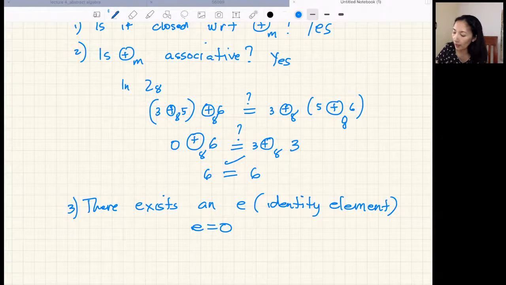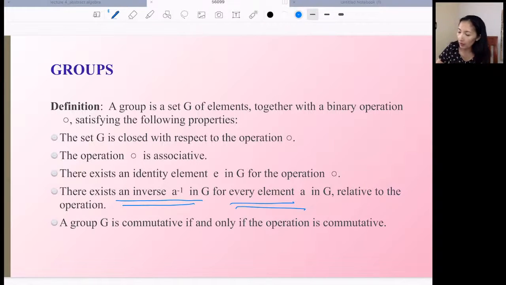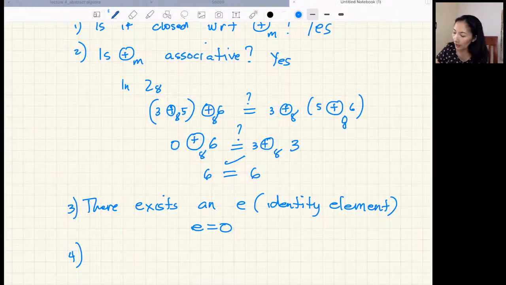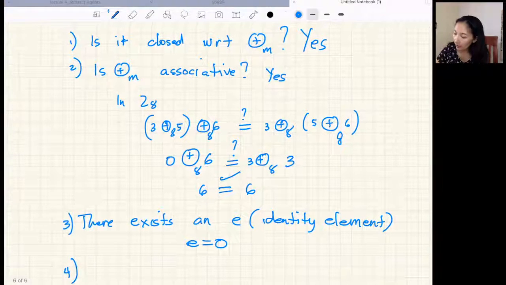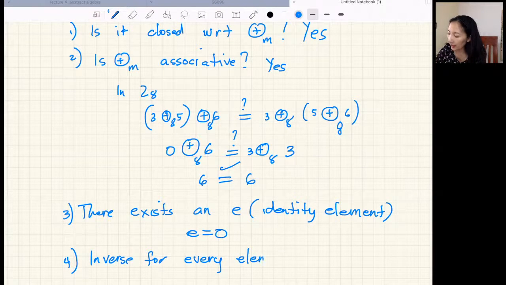And then fourth, the last property that must be met. Is there an inverse for every element? There exists an inverse for every element in Z sub m.